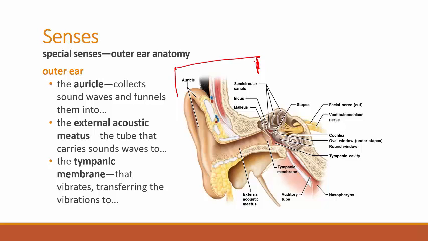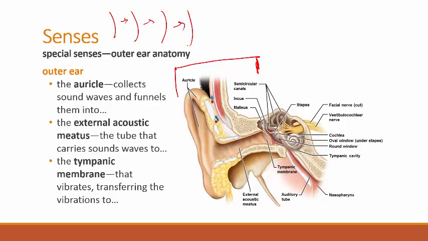So the auricle is the external portion of the ear, and the auricle acts like a funnel to collect sound waves. Sound waves come as vibrations, like pulses of air that propagate forward, and so the auricle can funnel those to collect larger amounts of those vibrations and funnel them toward the tympanic membrane.